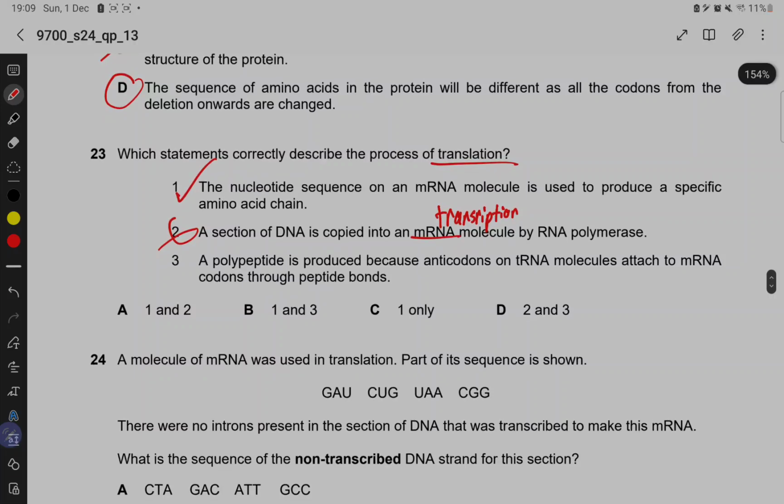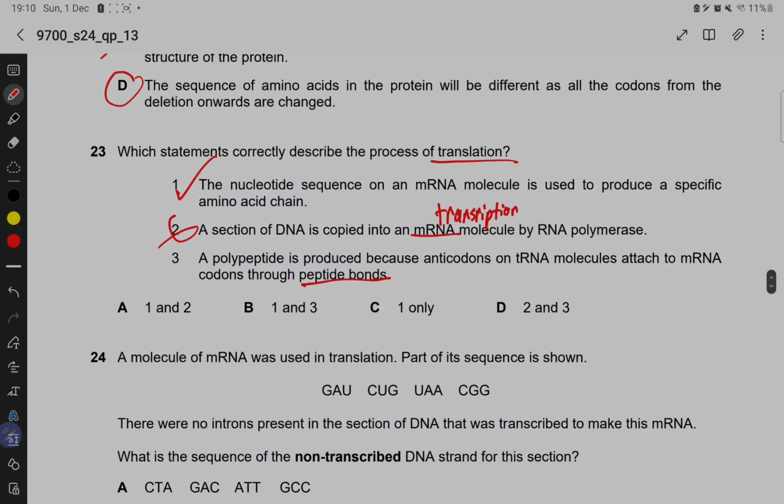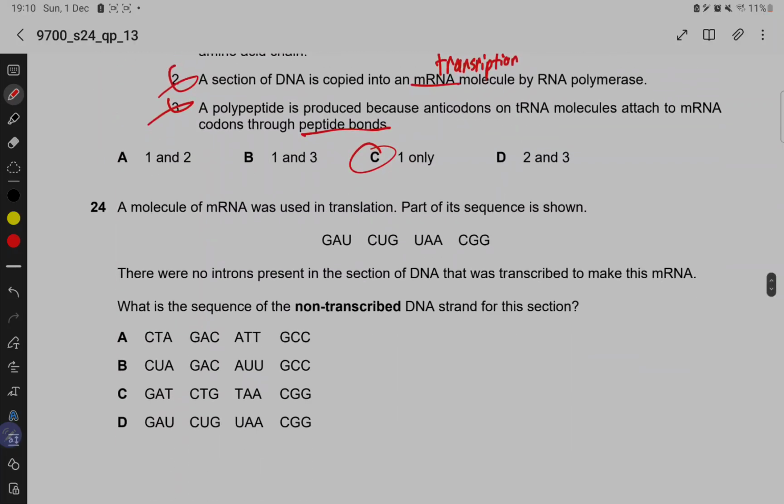A polypeptide is produced because anticodons on tRNA molecules attach to mRNA molecules through peptide bonds. Peptide bond is incorrect because the peptide bond forms between the amino acids, not between the codons. So the answer is just 1.